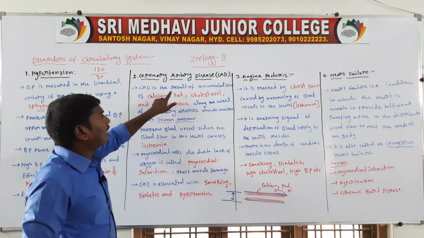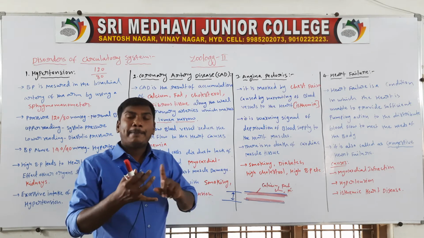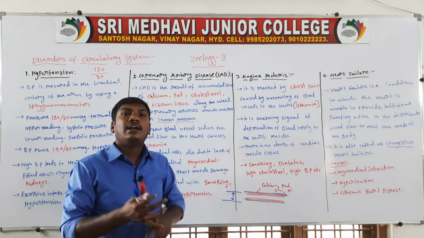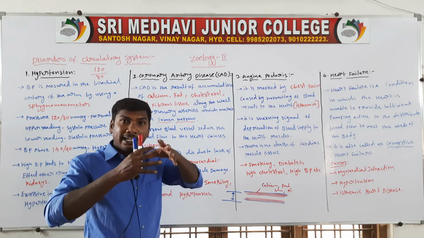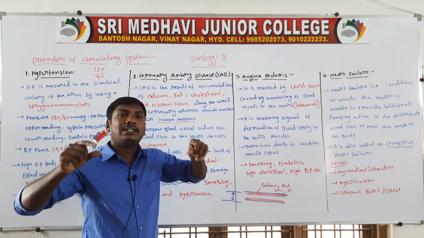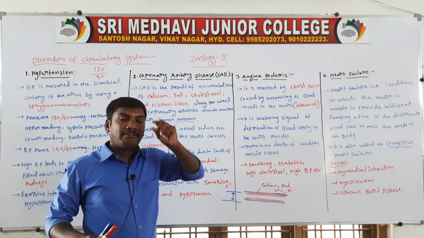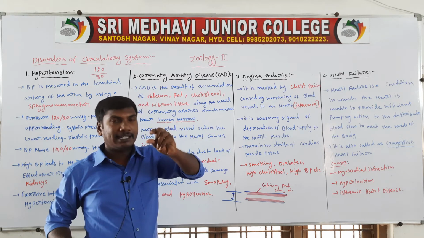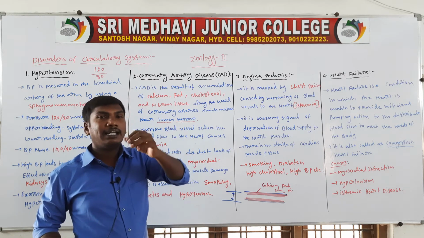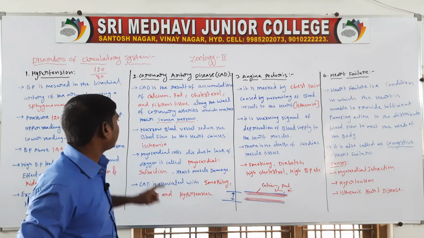Coronary artery disease is the result of this accumulation in the wall of the arteries. The lumen narrows, so the blood flow from the heart decreases.